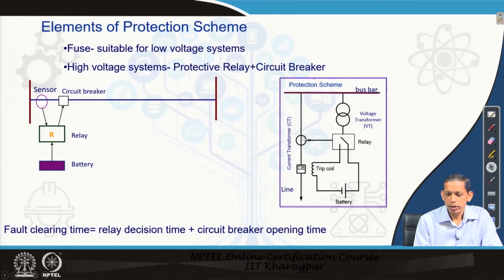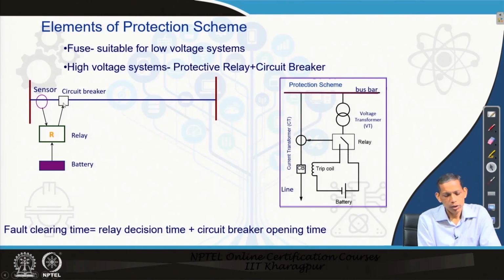In this arrangement, we see that there are two important components, the relay and the circuit breaker. The relay takes time for a decision, actuates the circuit breaker and the circuit breaker opens. So, in terms of time, we have two aspects, relay decision time and the circuit breaker opening time.